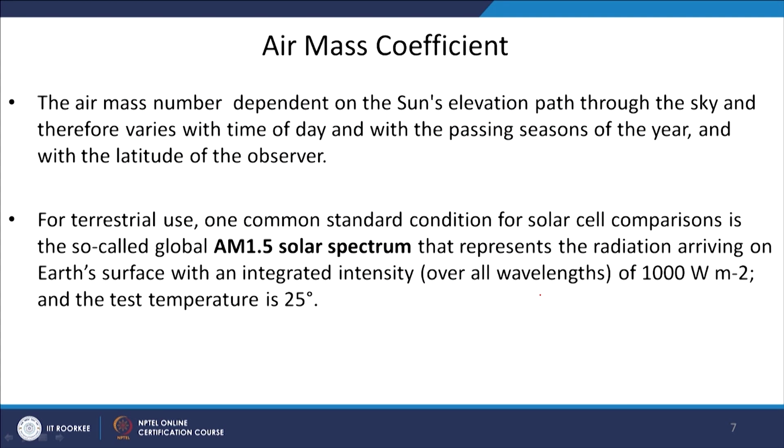So, the air mass coefficient or air mass number depends on the sun's elevation path through the sky, and therefore varies with the time of day, with the passing seasons of the year, and with the latitude of the observer.